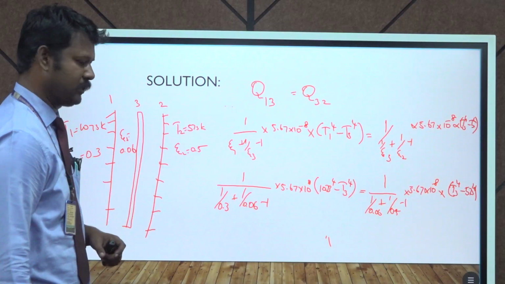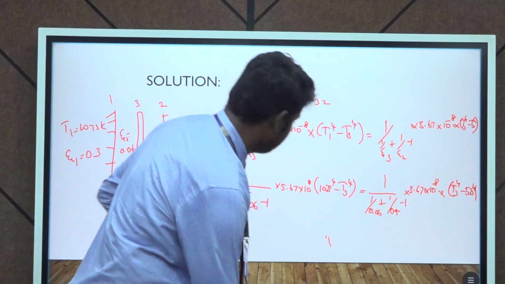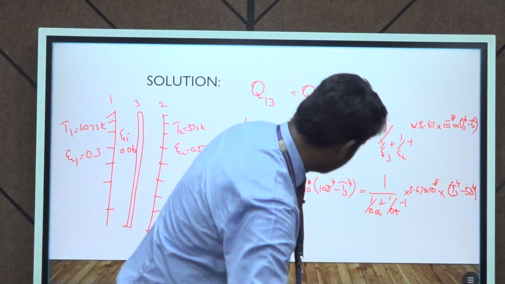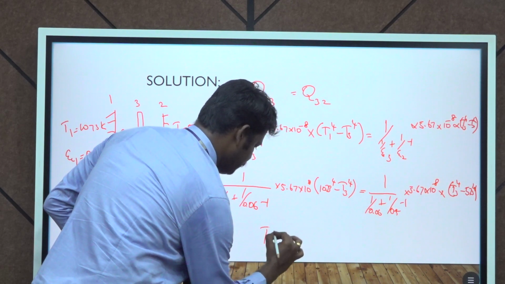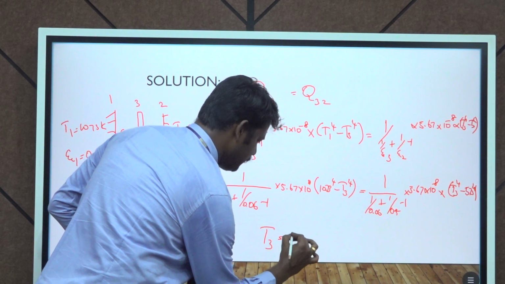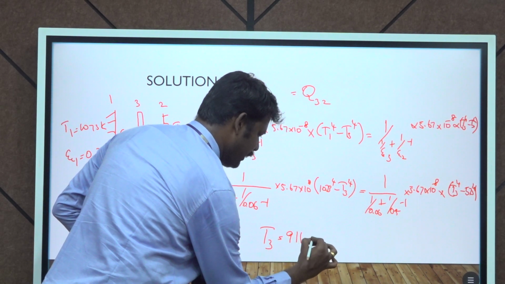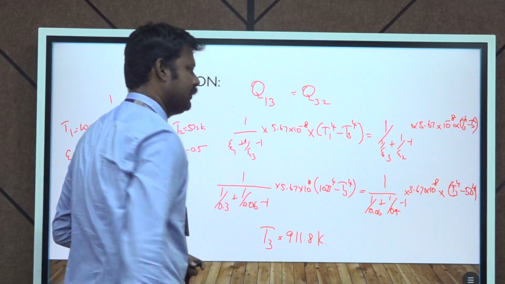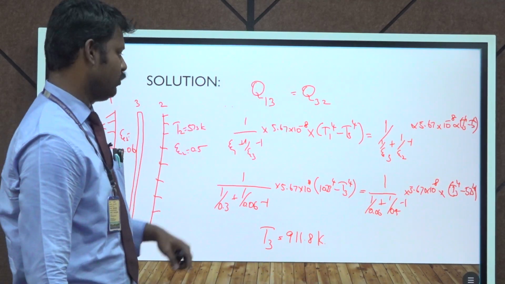When we solve this equation, the T3 value will be almost 911.8 Kelvin.